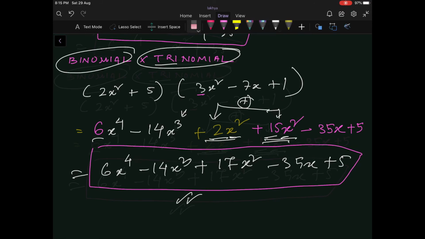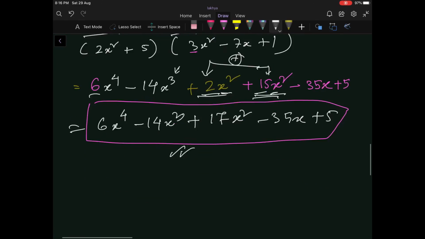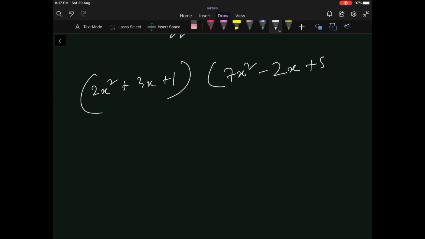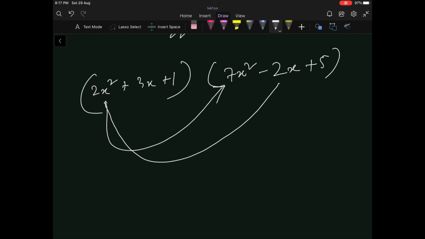Now let me explain how to multiply a trinomial with a trinomial as well. Suppose you have twice x square plus thrice x plus 1 into 7x square minus 2x plus 5. Then what to do? You have to multiply the first term of the first polynomial by the first, second and third terms of the second polynomial.